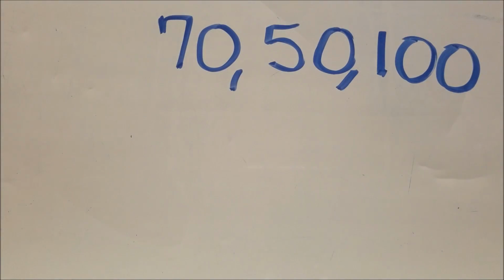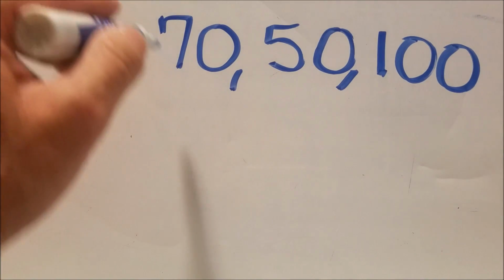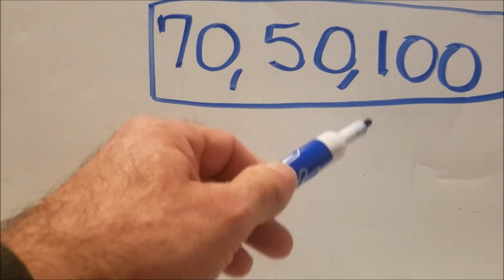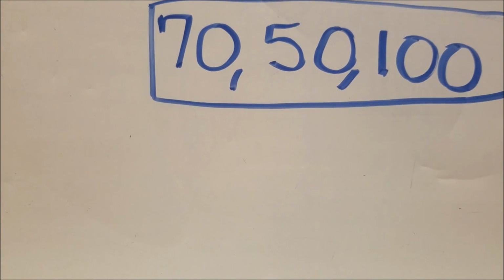Okay, so let's go over average, right? So let's say on a test you got a 70, and then you didn't really study, you got a 50, but then you studied really hard, tried your best, and you got 100. To get the average, you're going to add all this up. What do you think 100 plus 50 plus 70 is?